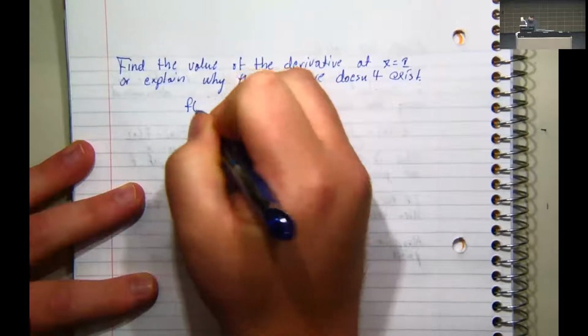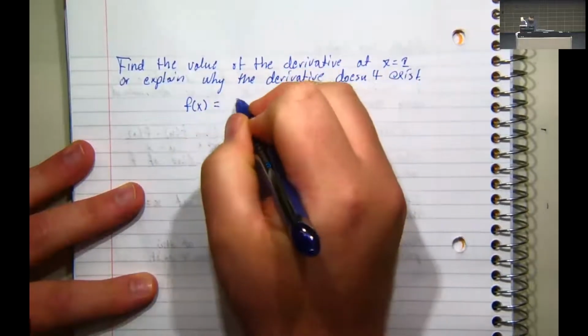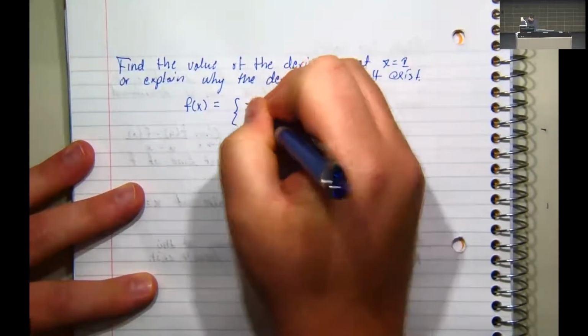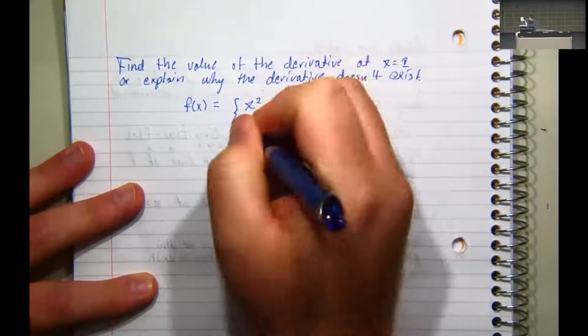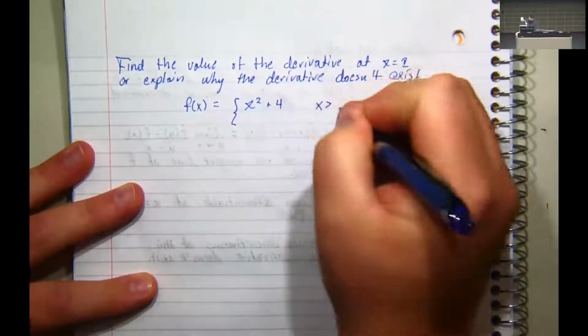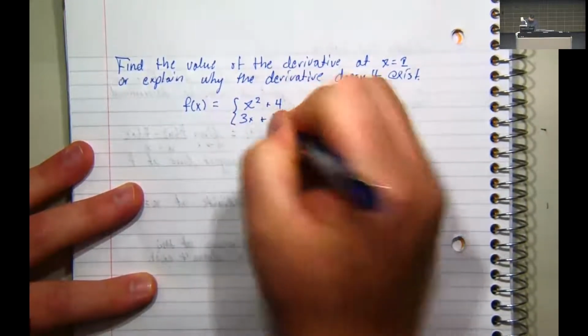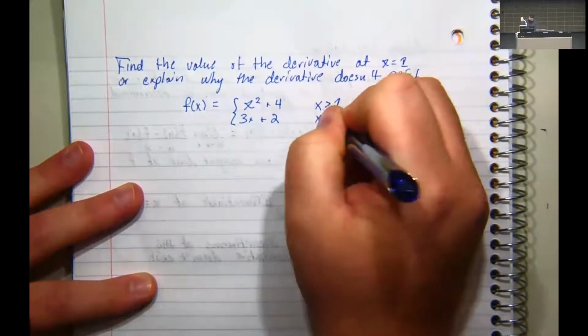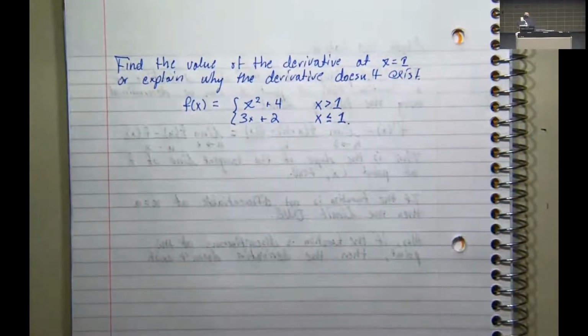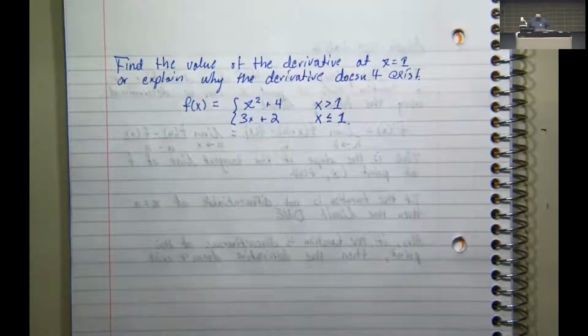And f at x is equal to x squared plus 4 for x greater than 1, and 3x plus 2 for x less than or equal to 1. So go ahead and get started on that. And then we will go through it together in a minute or so. The solution, at least the mathematical part, not the written part, is in the lab document.